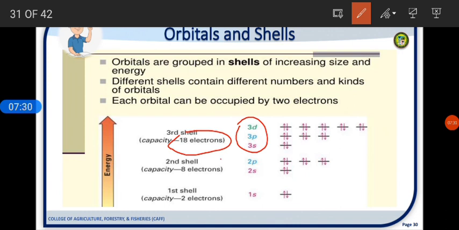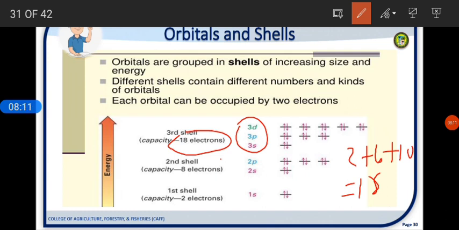So for the 3s, you have 2 electrons, and 3p, you have 3 orbitals, so 2 electrons times 3 is equal to 6. So in 3p, you have 6 electrons. For 3d, you have 5 orbitals occupied by 2 electrons each, so 2 electrons times 5 orbitals, you have a total of 10. So 2 plus 6 plus 10 is equal to 18 electrons.